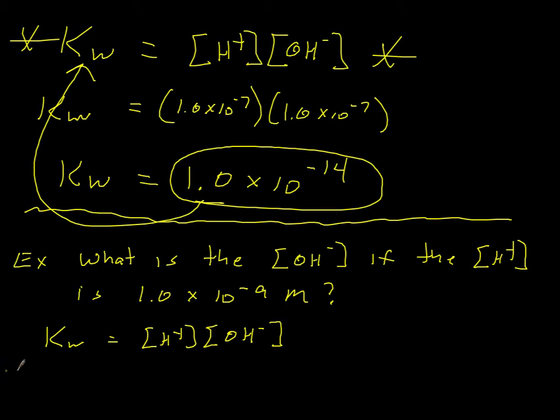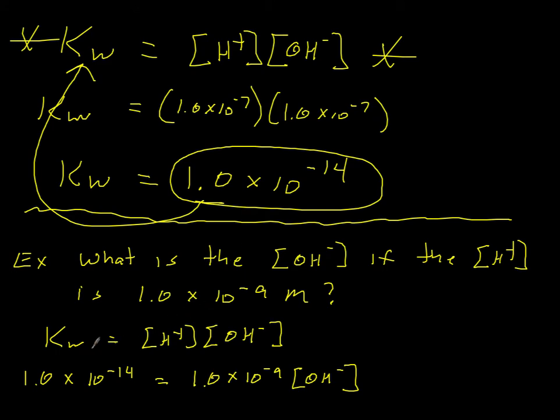We know that Kw has a value of 1.0 times 10 to the negative 14th. We know that the H concentration is 1.0 times 10 to the negative 9th, and we are looking for the variable of the OH concentration.